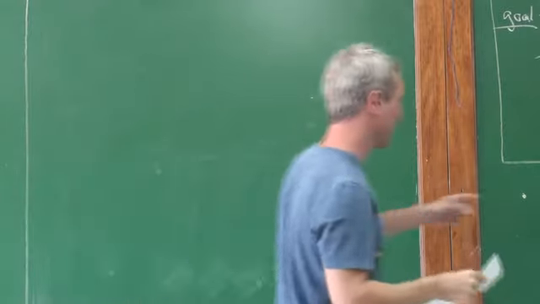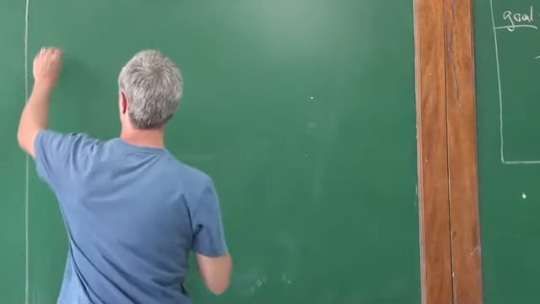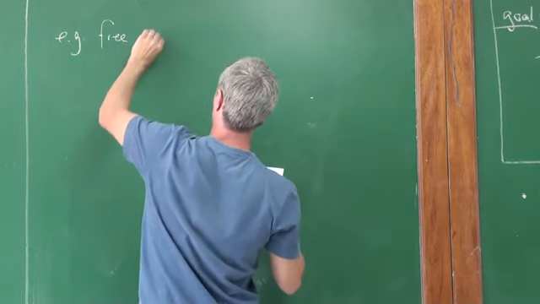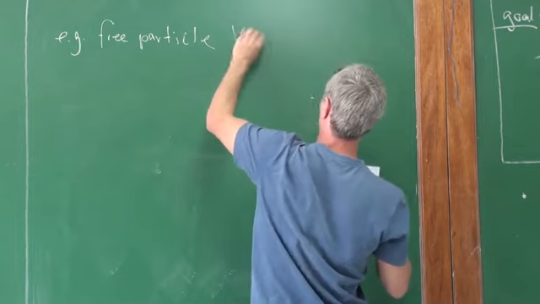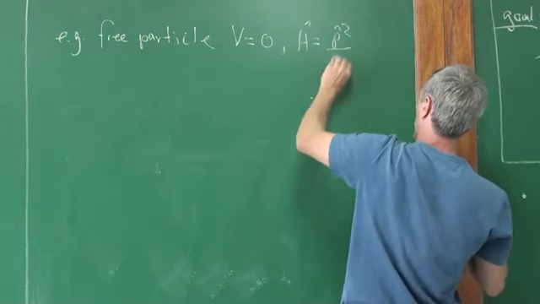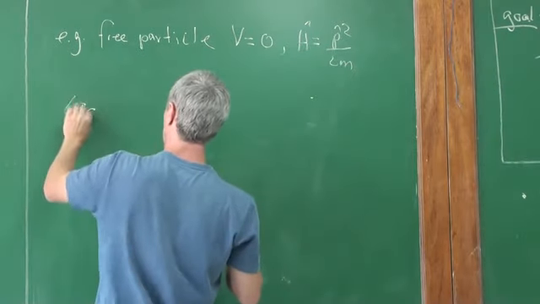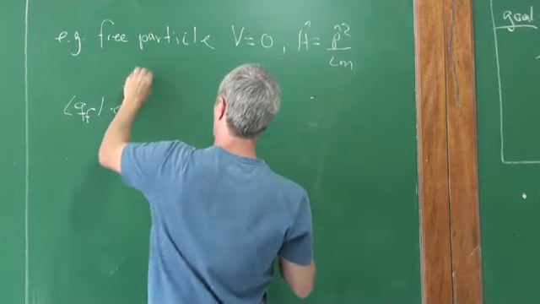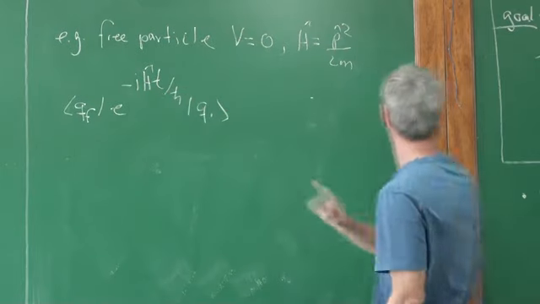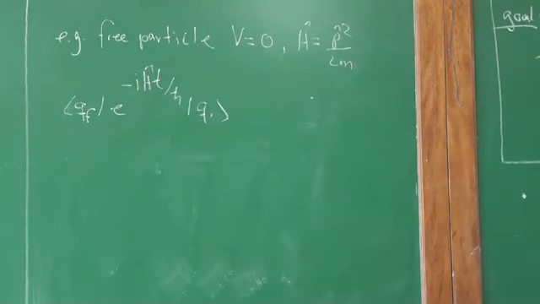So let me return to this question and consider, for example, a free particle, where the potential is 0, meaning that the Hamiltonian is just given by the kinetic energy. Now, one notation remark: it would be notationally more consistent to write here the time difference between the initial time and the final time.